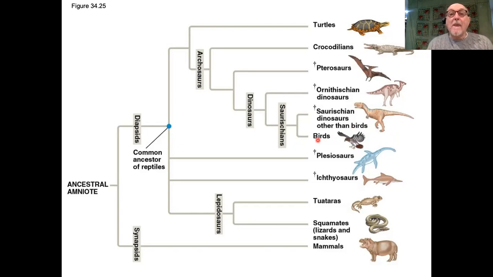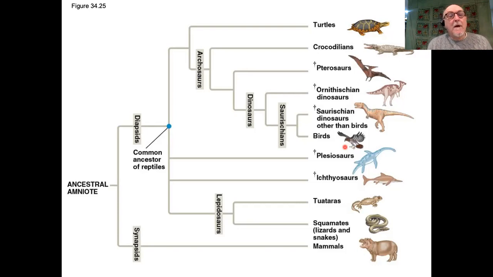And birds exhibit many, many reptilian features. First of all, they lay external eggs, which are clearly amniotic eggs. The feathers that birds have are in fact modified scales, but birds still have scales.